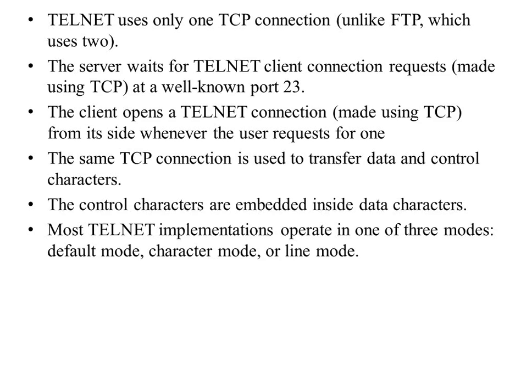In character mode, as soon as you type a character, it is sent on the net, the server takes note of it, and the characters are echoed on your terminal. That means if you type A, A will be transmitted simultaneously.